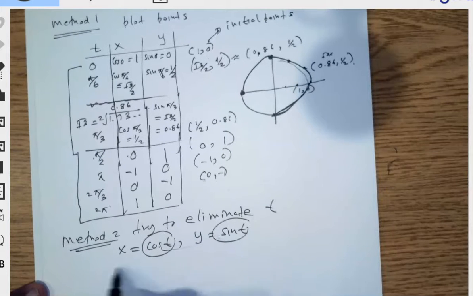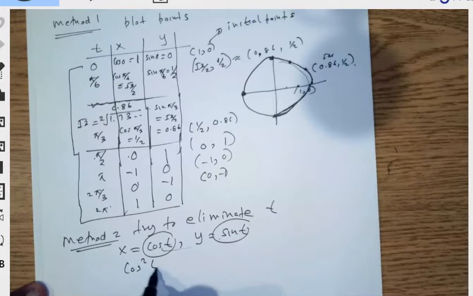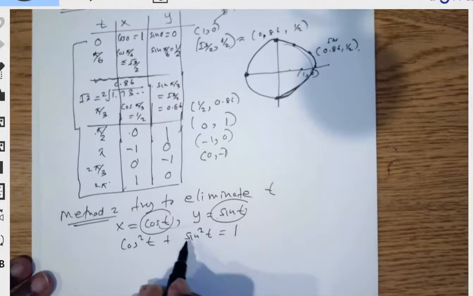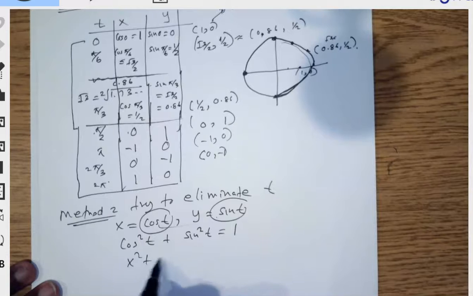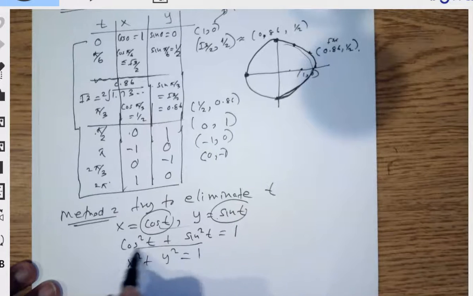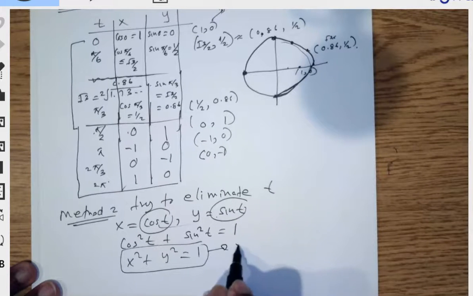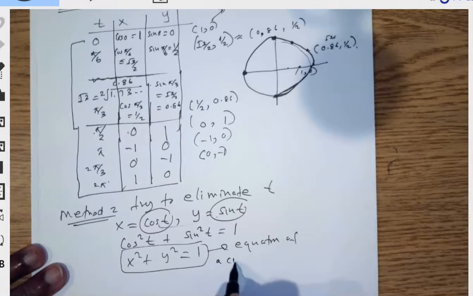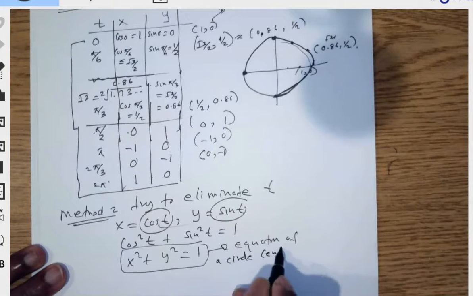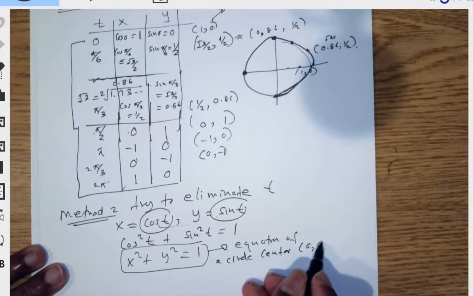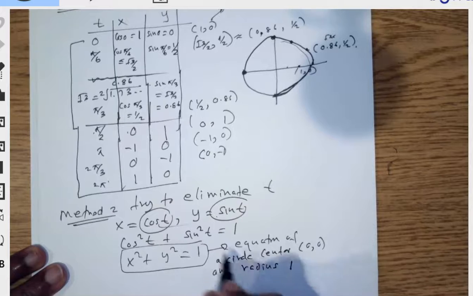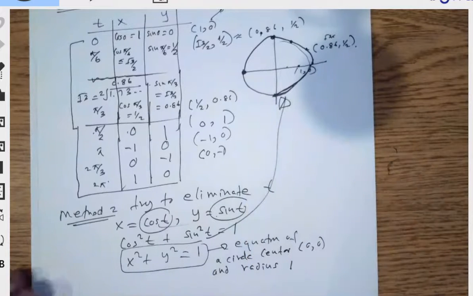We can do that, because we know that cosine squared t plus sine squared t is equal to 1, which will actually tell you that x squared plus y squared is equal to 1. We know that this is an equation of a circle, with center 0, 0 and radius 1, which is the same answer. So from both methods, you can actually get the same answer.